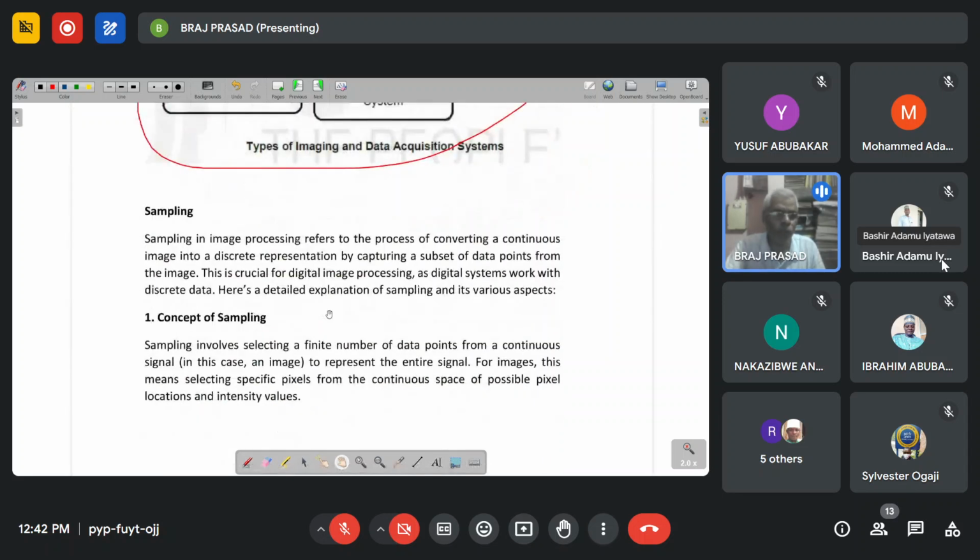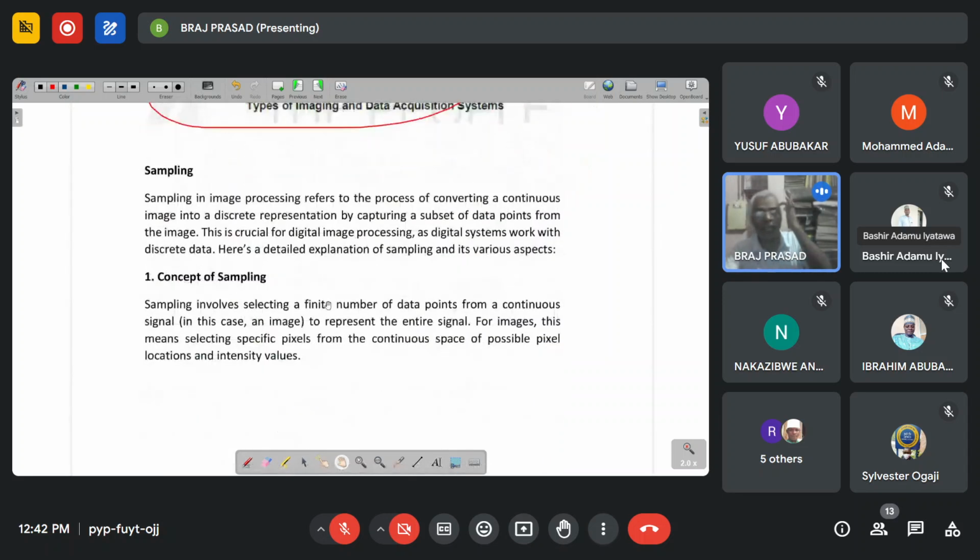Now we move to sampling, because sampling and quantization are the main part of image processing. Almost 50% or 70% of the topics of your block are based on sampling and quantization.